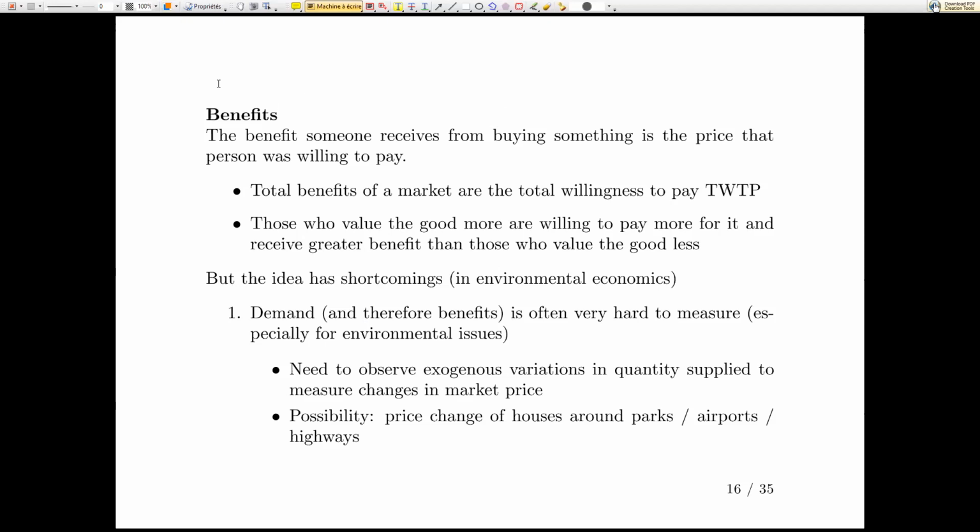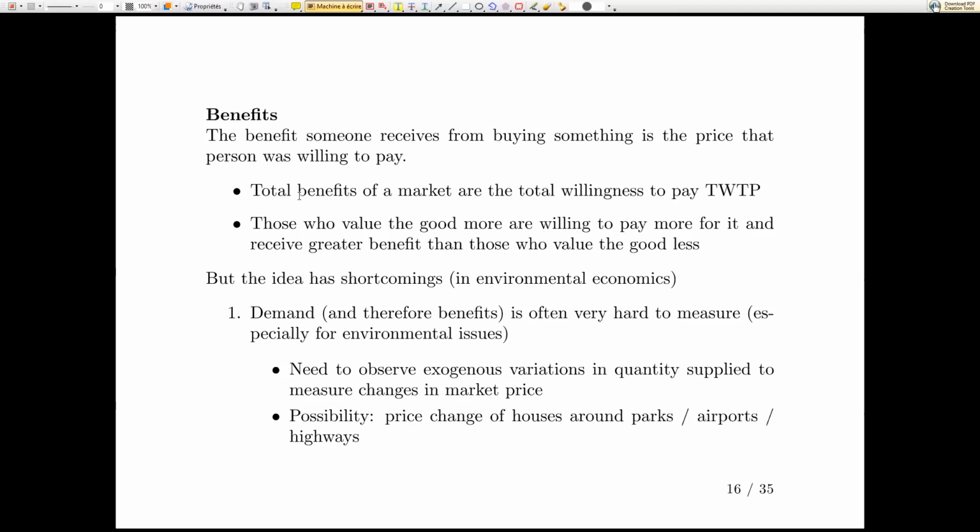So why is it important for environmental economics? Well, because at some point, it's going to be a very good tool for us to determine how desirable something is in society. It's obviously going to be linked to what people are willing to pay for it.